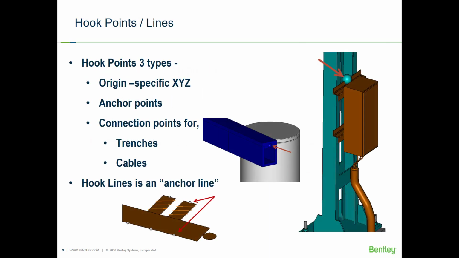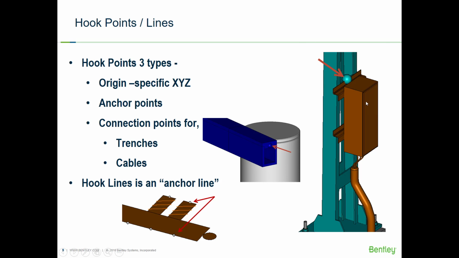We have another toolkit which we call hook points, and there are different types of hook points for different purposes. We have anchor points, and those anchor points can be embedded into a catenary mast, for example. And then we can utilize that hook point for mounting objects on that catenary mast.